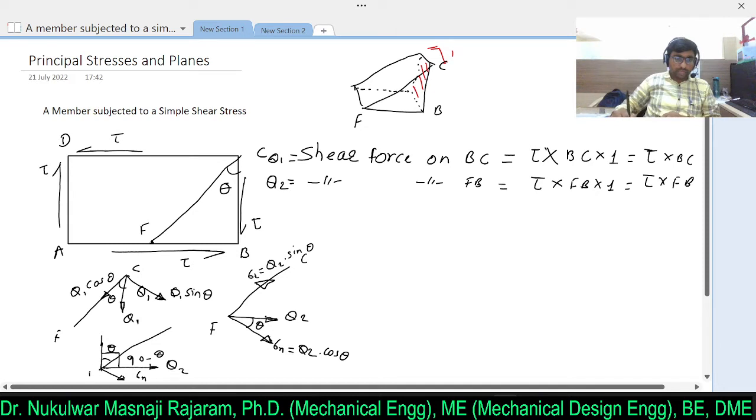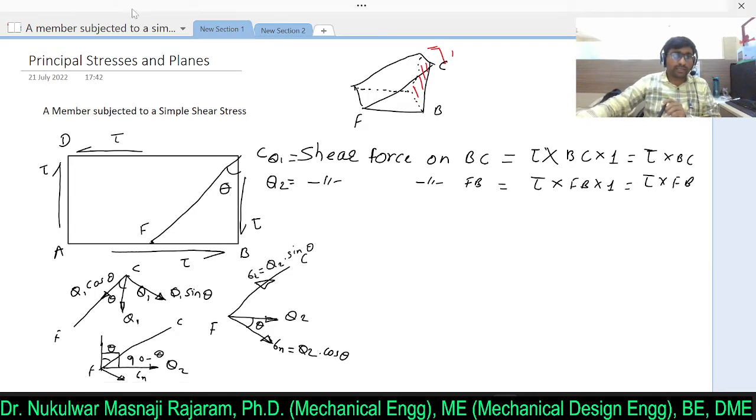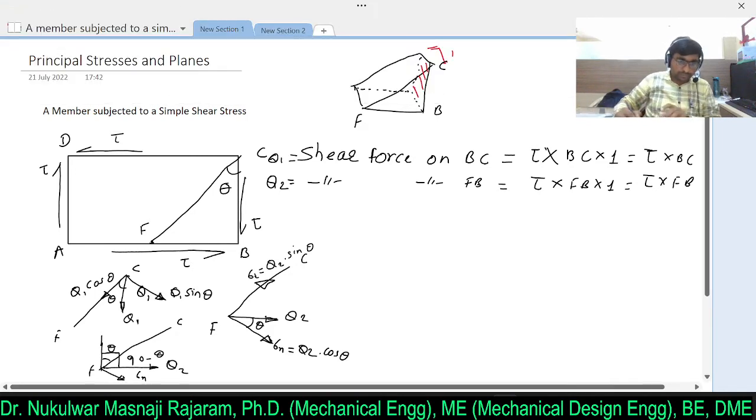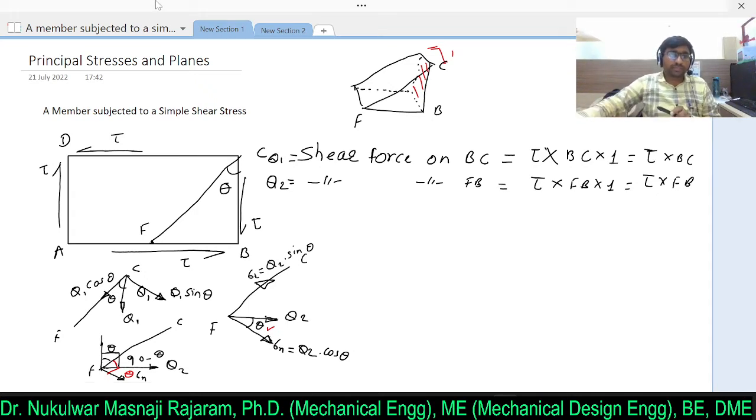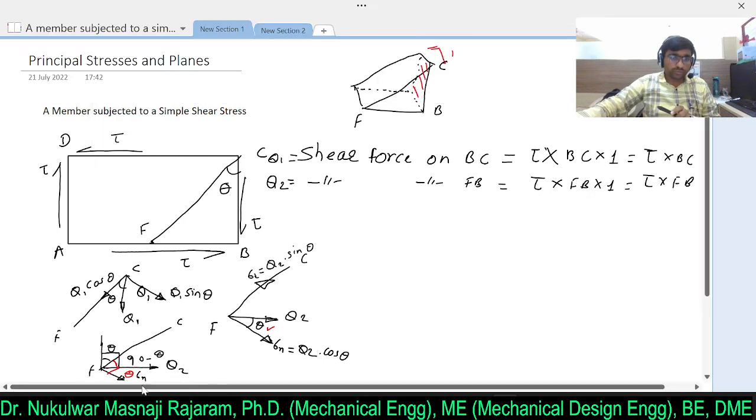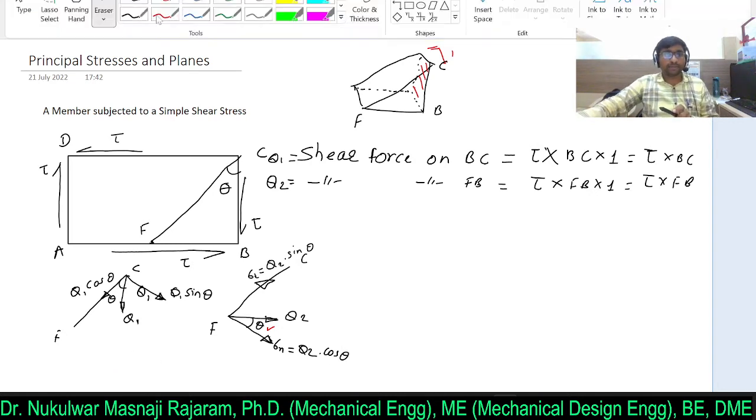Again this FC plane and this normal component are again at 90 degrees. So I will show you with the red. Clear? So here this angle between FC and sigma n is 90 degrees. As this is 90 minus theta, obviously this will become theta. So here I have considered the angle theta. Simple. So this is a simple explanation of how it comes to theta. I hope you understand the angle between Q2 and sigma n.